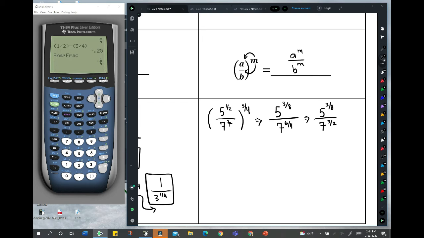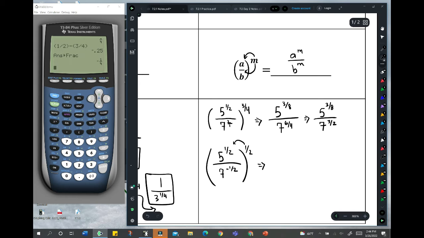Okay, so don't be afraid. If you have something funky, maybe it's 5 to the 1/2 all over 7 to the negative 1/2, and we are going to distribute that with another 1/2. Different ways to go about this, but I would just go ahead, distribute that 1/2, and multiply. So 5 to the 1/4 all over 7 to the negative 1/4.